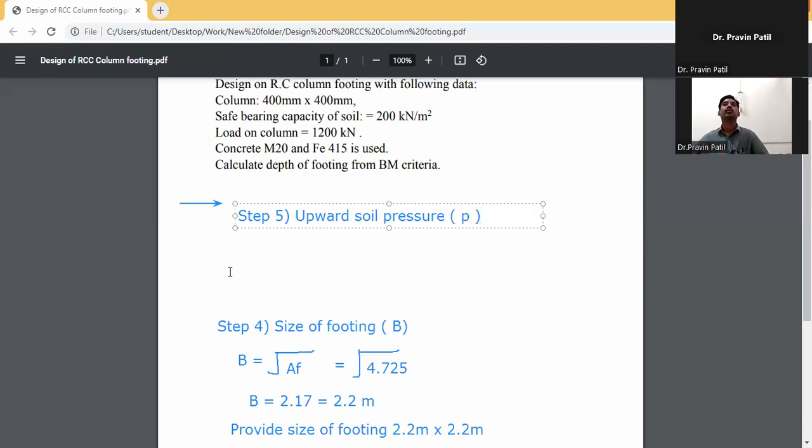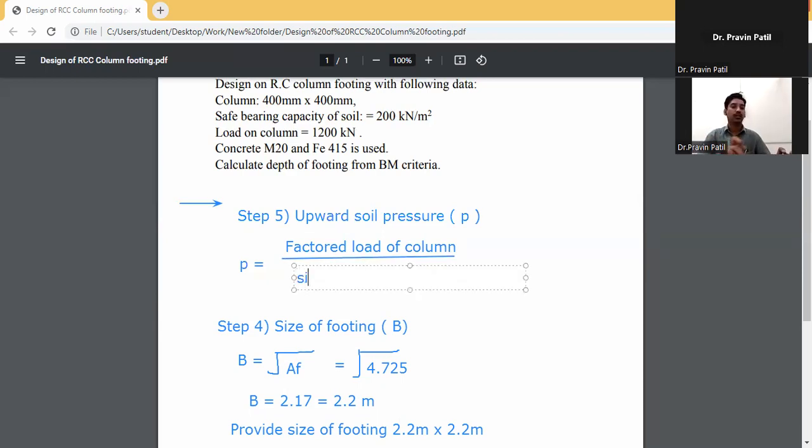Small p is equal to the factored load of column divided by the size of footing, that is the provided size of footing. Okay.